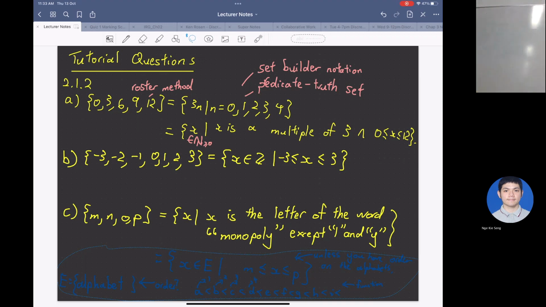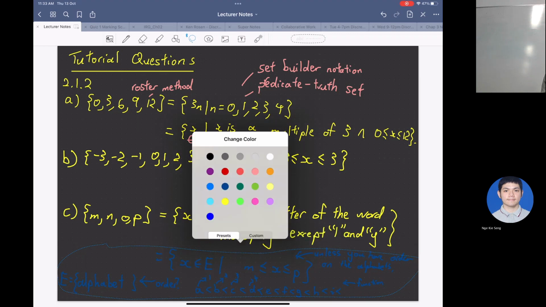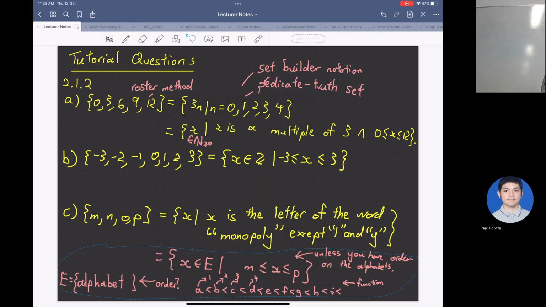All 13 letters or 17 letters. Okay, yeah, you can do that, unless you have an order on your alphabet. If you have an order on your alphabet, then you can do it.